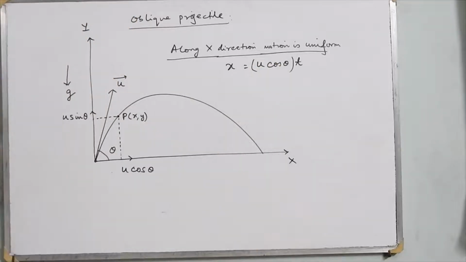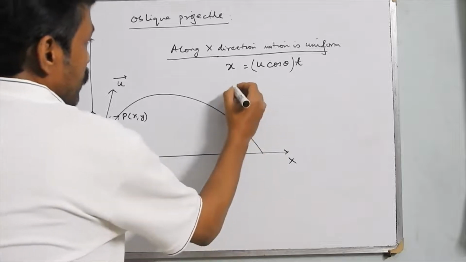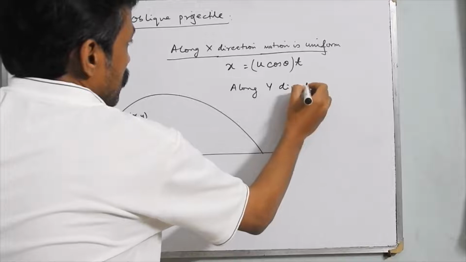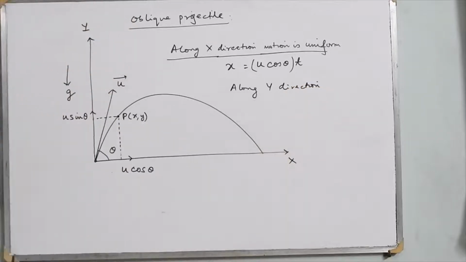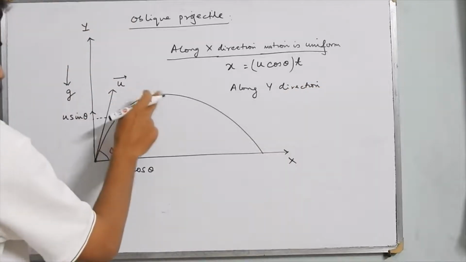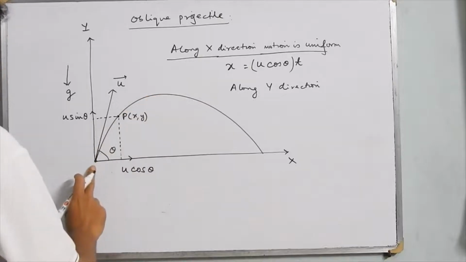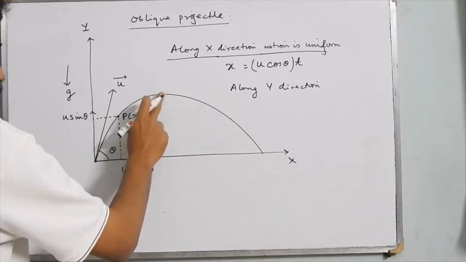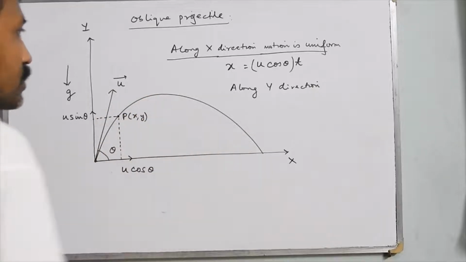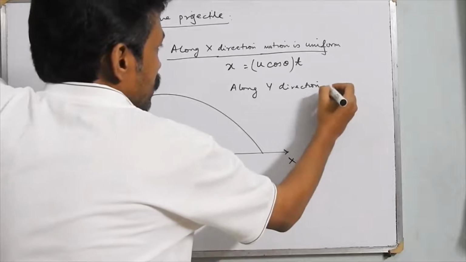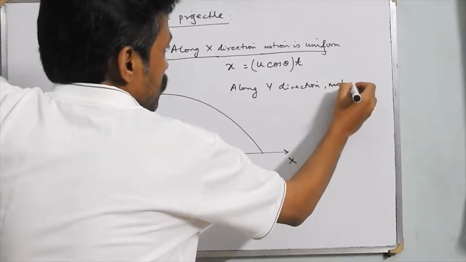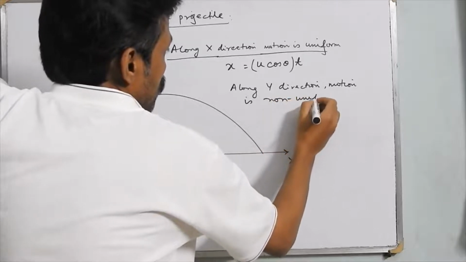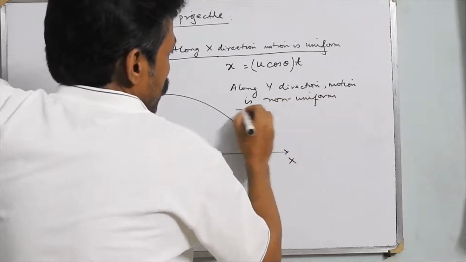And motion on the vertical is controlled by gravity. So along the y direction, initially the motion is retarded until the projectile reaches its maximum height. Gravity is acting opposite to the motion, so it is partially retarded and then further it is accelerated. So along the y direction we should say that the motion is non-uniform, as the gravitational pull is acting along the vertical.